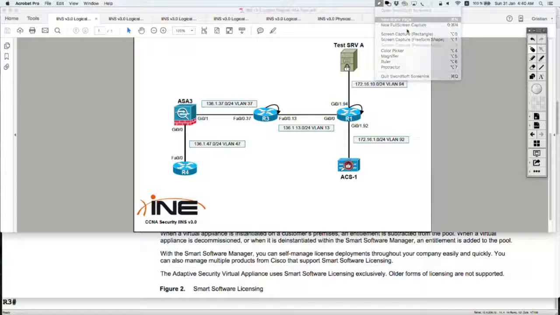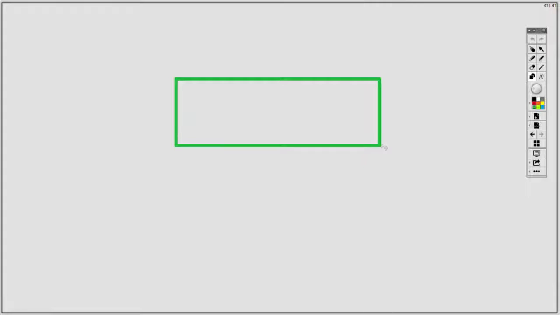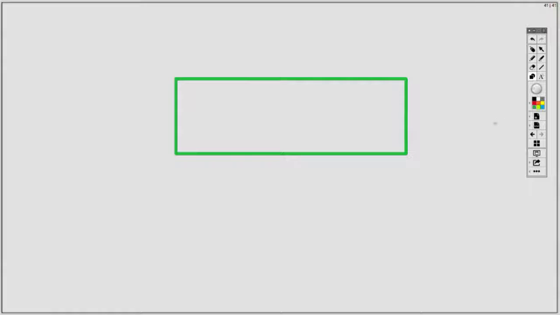Like assuming this is an ISP providing firewall services to its customer. This is the ISP firewall. And facing that direction is going to be the internet. Facing this direction is going to be the customers.